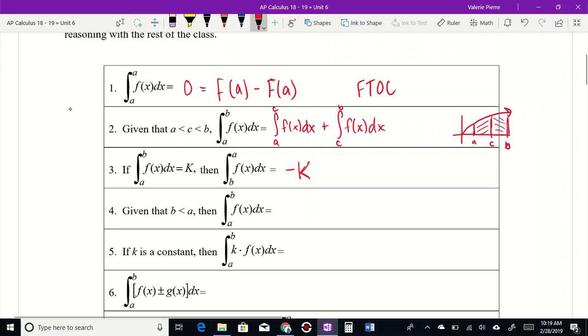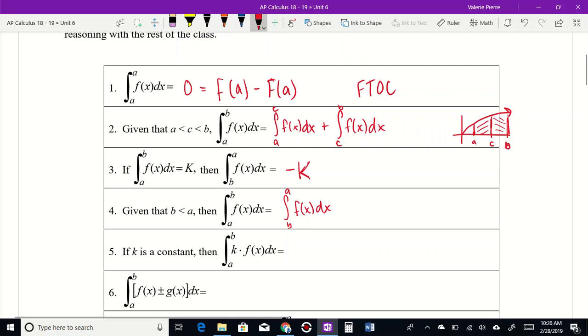Given that b is less than a, then the integral from a to b of f of x dx is equal to, so if we're saying b is now less than a, right? If we want to write the integral so that we're always having the lesser number on the bottom, then we would have to flip this integral sign.